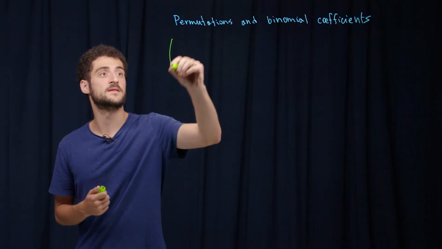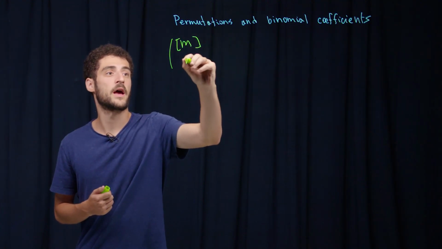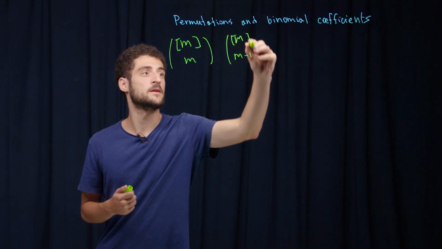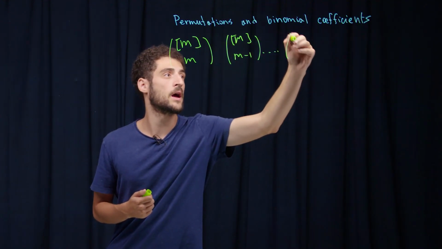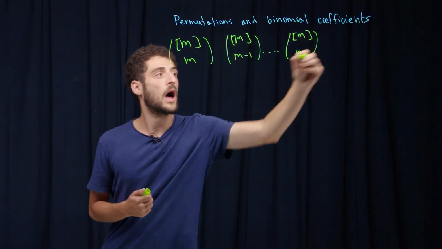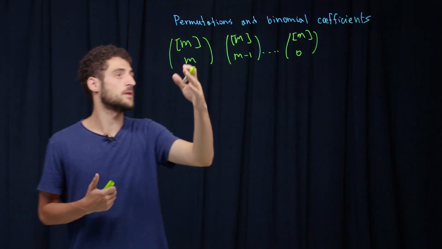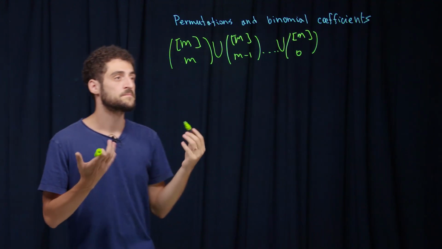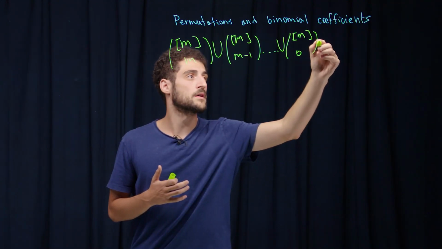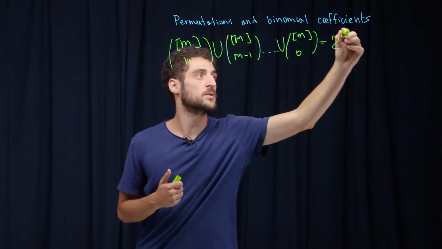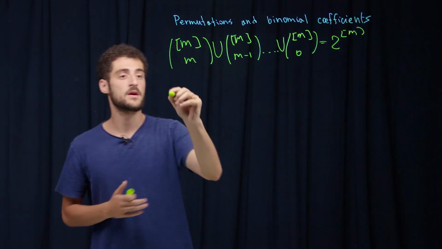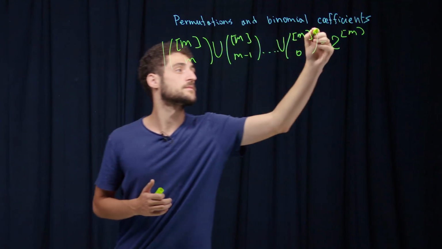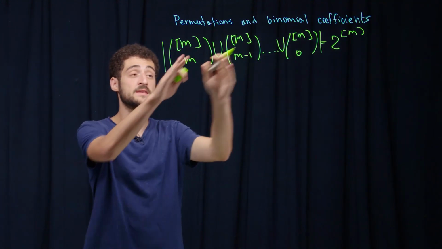Let's consider the following sets. So m choose m, m choose m minus 1, ..., m choose 0. And note that all of them are disjoint. In other words, they are not intersecting. So if you compute their union, it's equal to the set of all possible subsets. And at the same time, the size of this set is equal to the sum of the sizes of the sets.